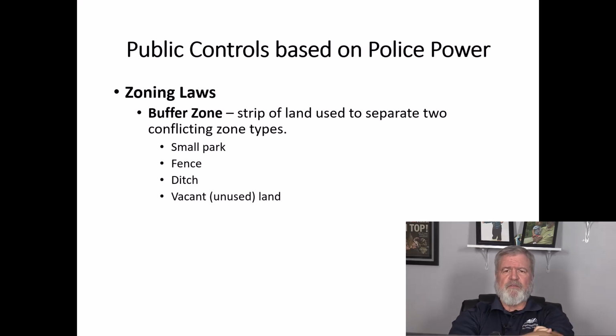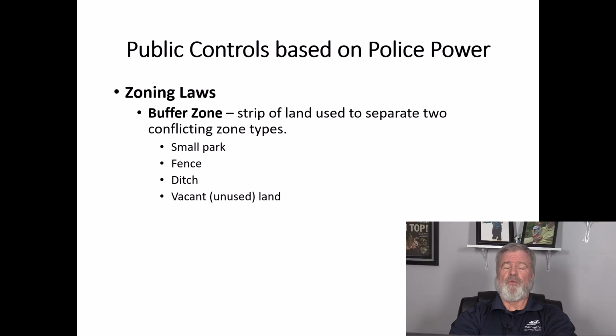And then there's the buffer zone. A buffer zone is required to separate two different land uses. For example, if you've got a property that's zoned commercial over here, and then you've got property that's used for residential purposes here that are adjacent to one another, there has to be something to separate these two different zone types.